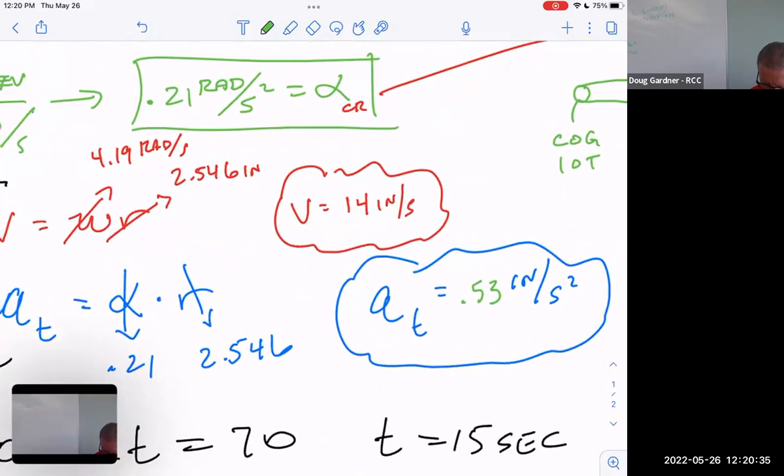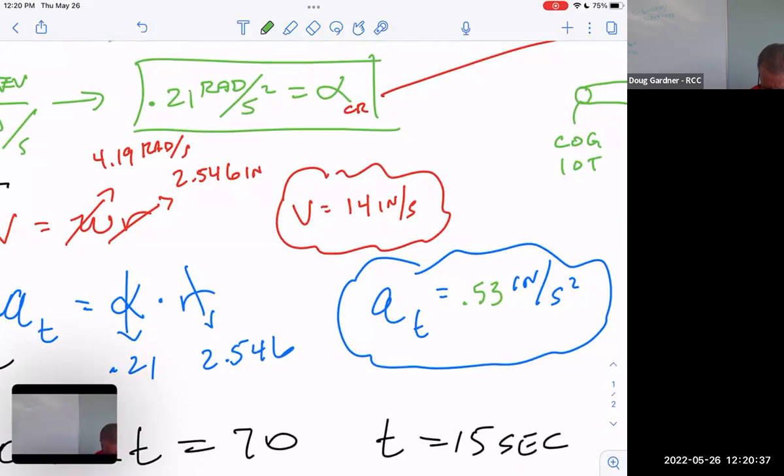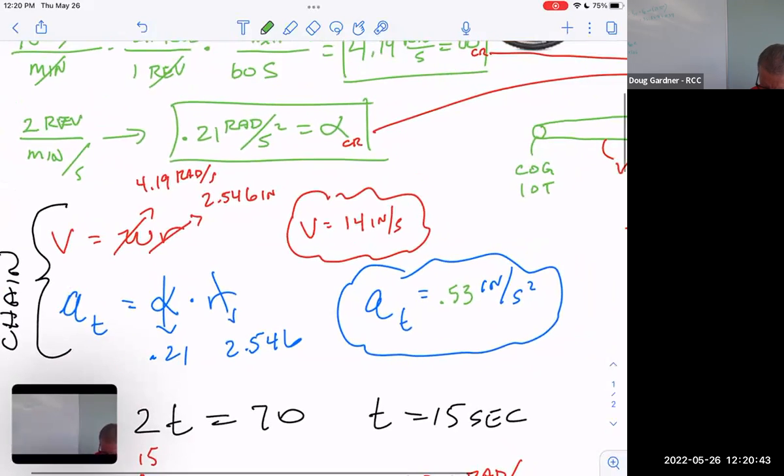I'm checking this 14 right here, 4.19. Yeah, that 14 isn't right either. 4.19 times 2.546 is 10.67.